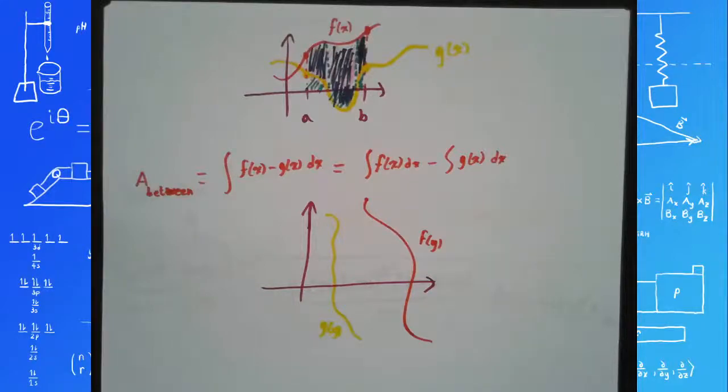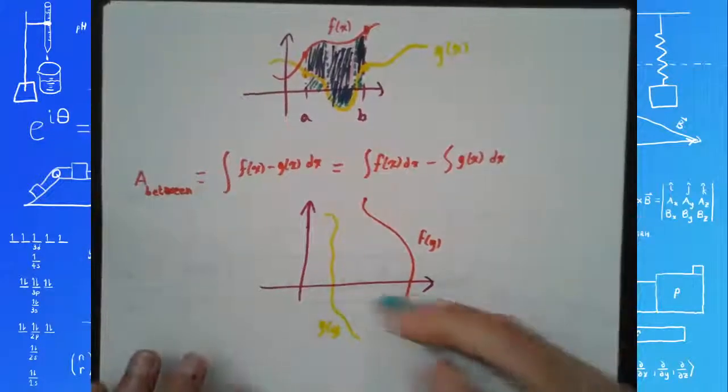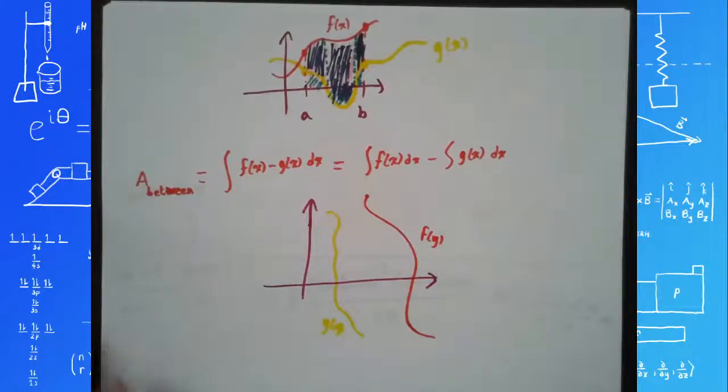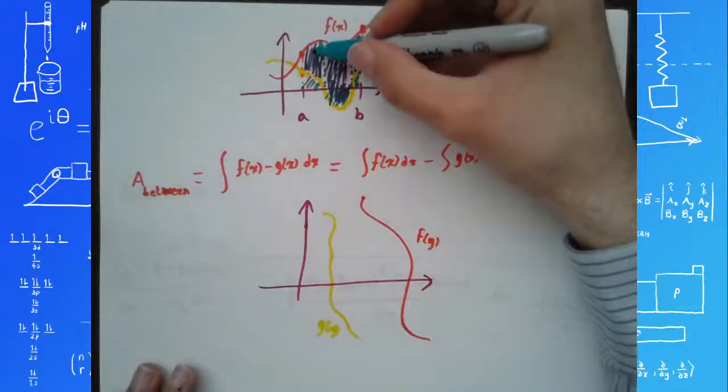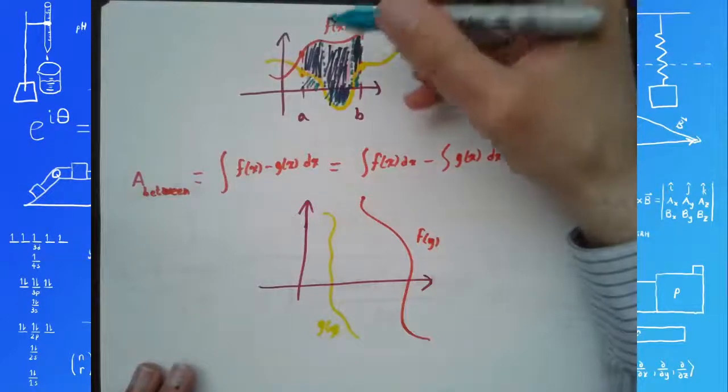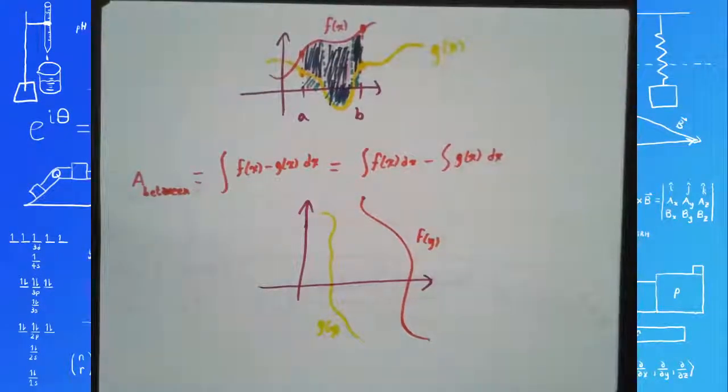But still, it helps to understand why it's right minus left as opposed to left minus right. Really, you should think of it in terms of higher values minus lower values. You can think of the areas in terms of Riemann sums.